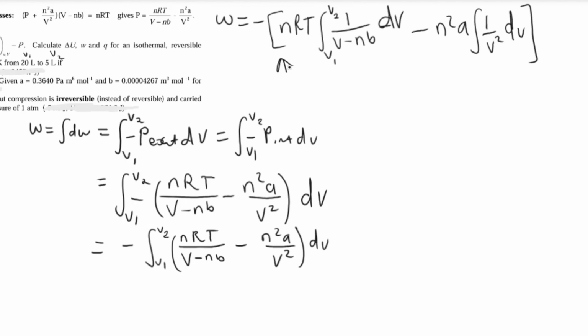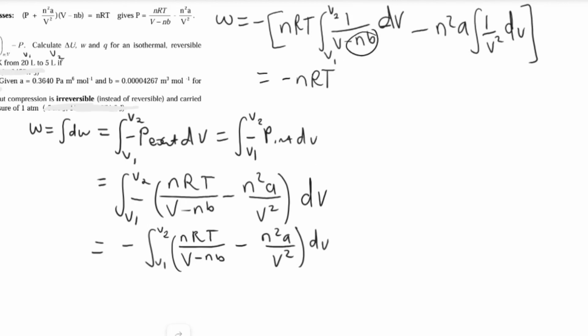Then what's the next step? The next step is to write, now that we are close to the final answer, that is just minus nRT. I can multiply this negative inside. I can just write this as minus of nRT. This integral here with respect to V, I see nb as a constant.